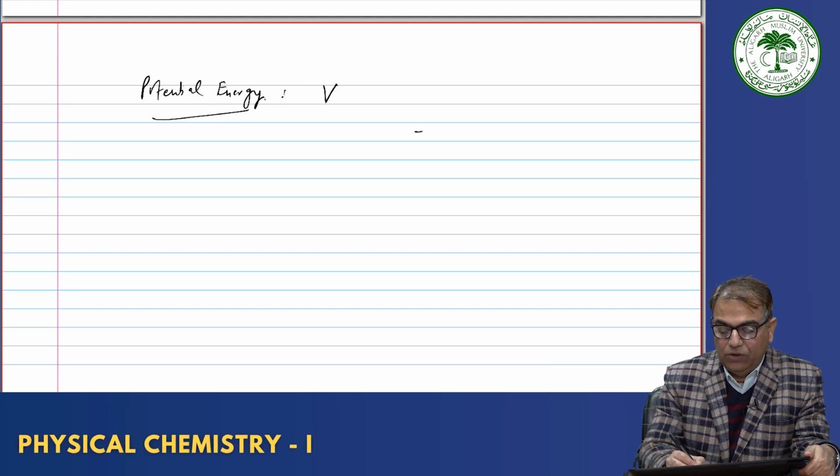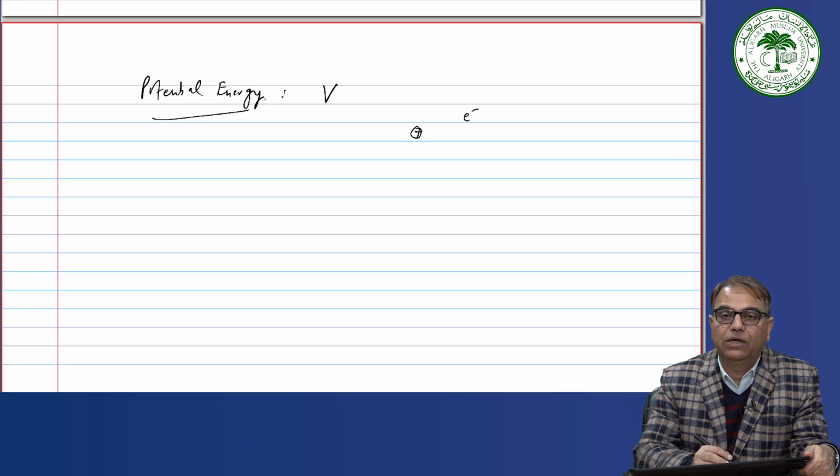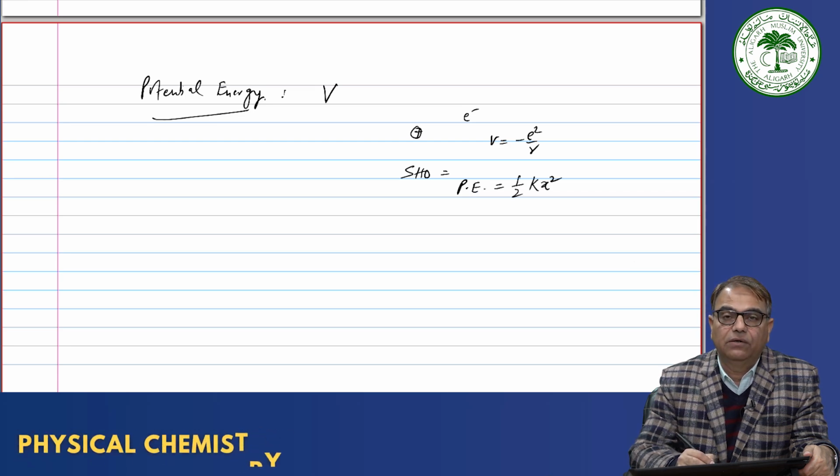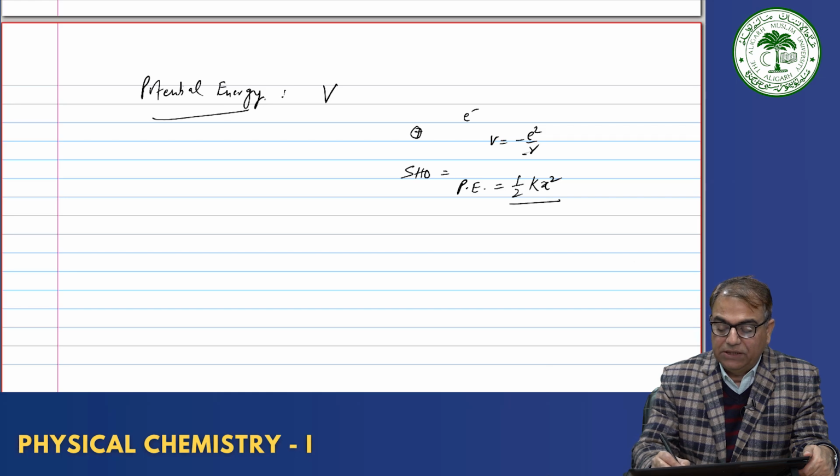If you have an electron and a nucleus like in hydrogen atom, then the potential energy between these two is minus e square by r. Okay. If you have a simple harmonic oscillator, then the potential energy is 1 by 2 k into x square. Okay. So these potential energy terms are used as such.